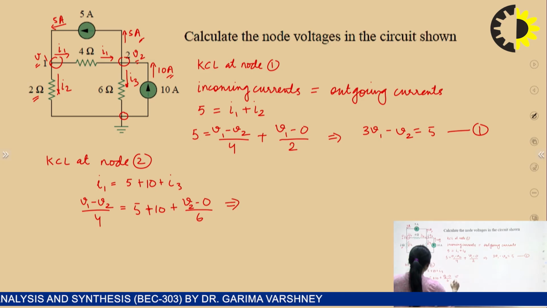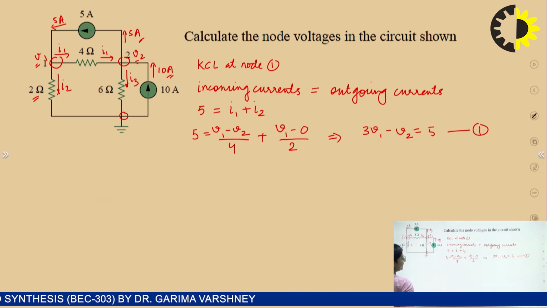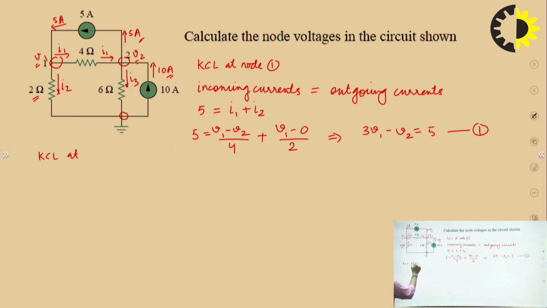Now, apply KCL at node 2. Okay, what are incoming currents at node 2? I1 and 10 amperes are incoming currents. So I1 plus 10 are incoming currents. What are outgoing currents?